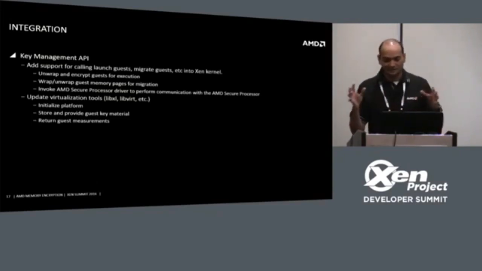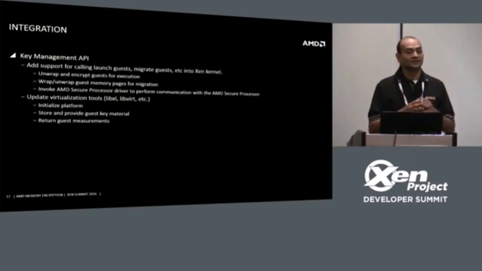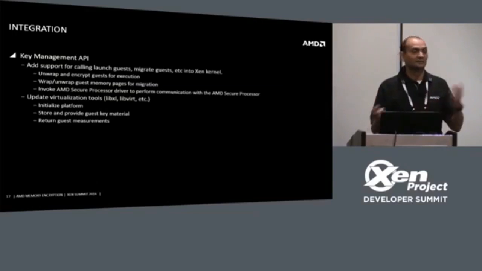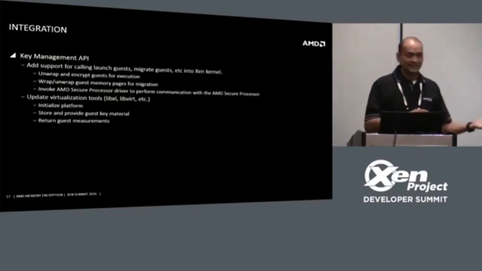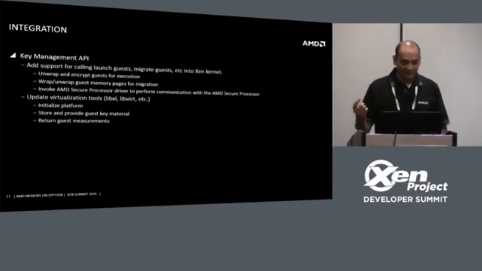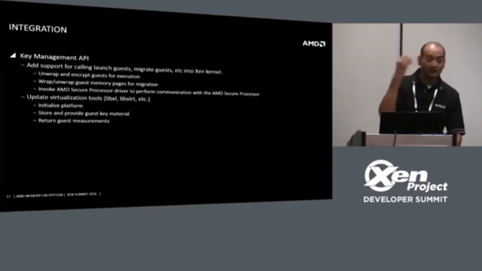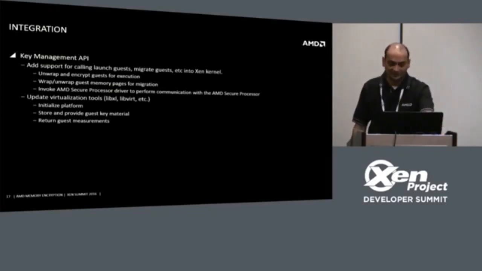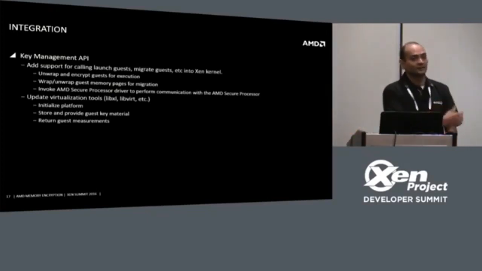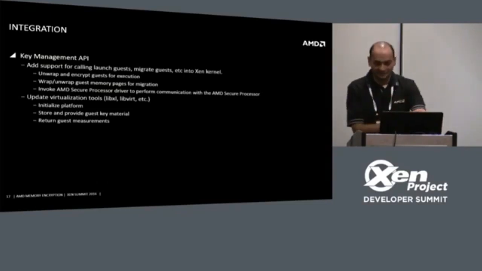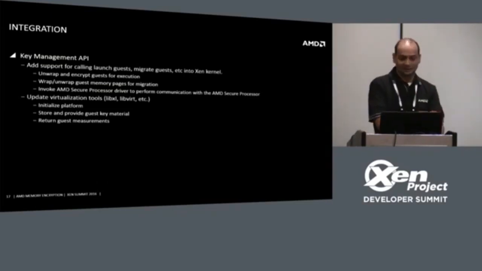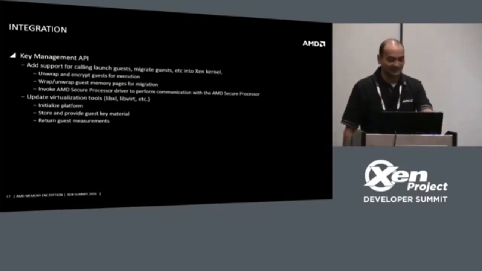Basically, all these things, I'm pretty sure, will require some changes in the upper layer stack, because there is some communication that goes between the guest owner and the hypervisor. So for example, wrapping and unwrapping the keys and stuff, and talking to the AMD secure processor and getting the measurement back to the guest, so the guest can say thumbs up, now I can hand over my disk encryption keys and whatnot.